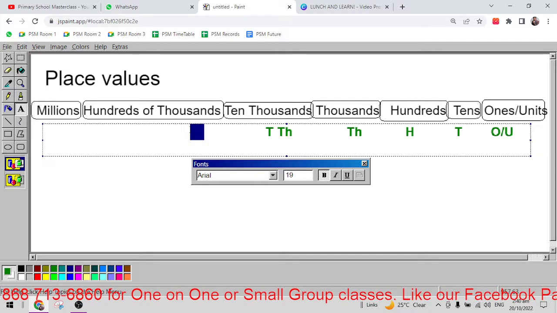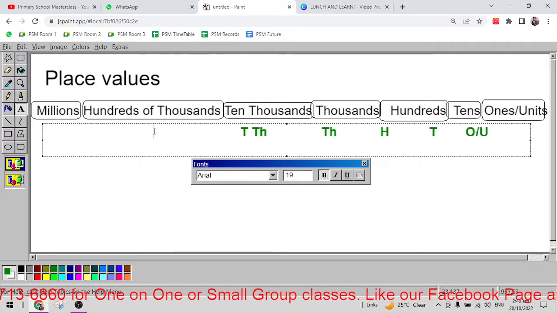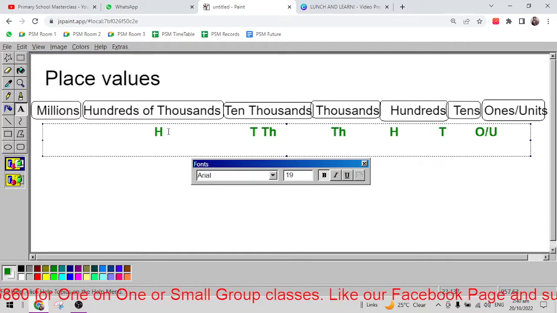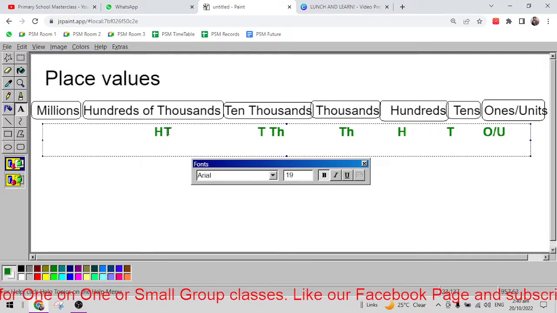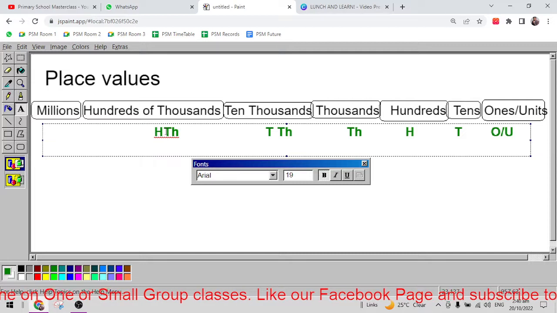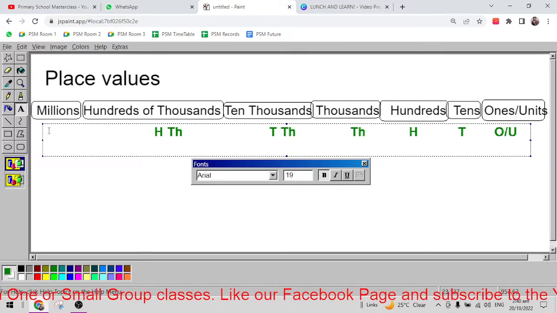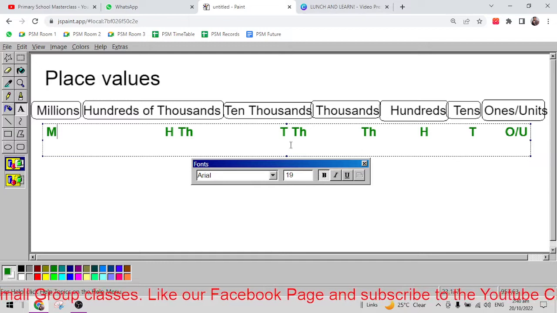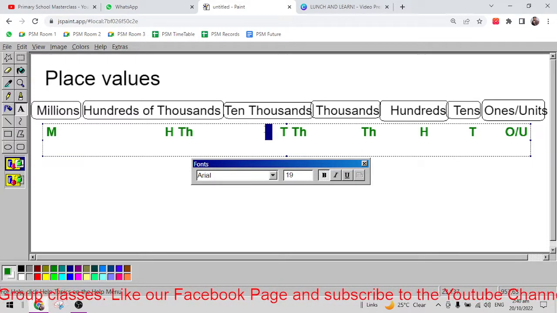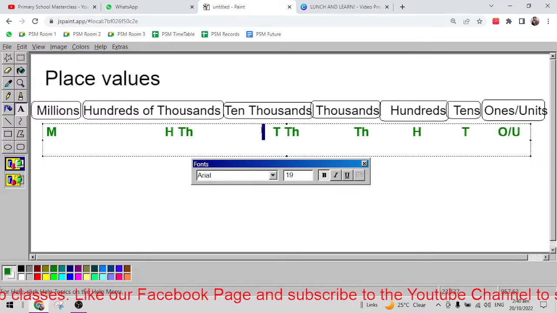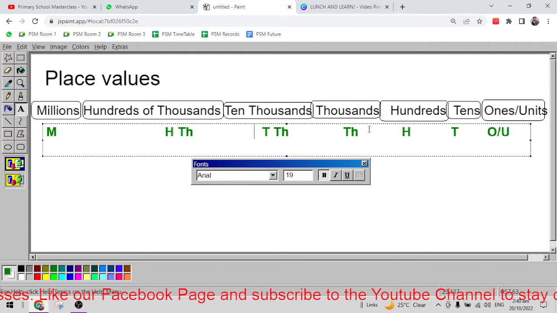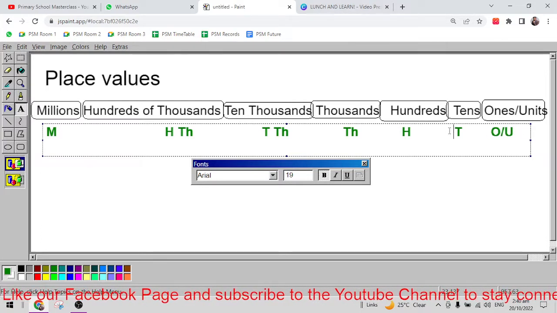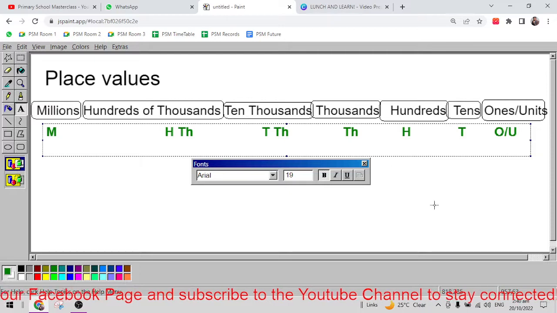Hundreds of thousands is going to be HTH. Millions is just going to be M. I don't think you need to know more than a million for SEA. This would pretty much do the trick.